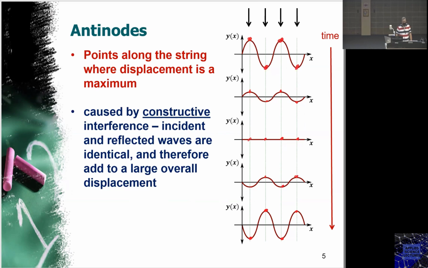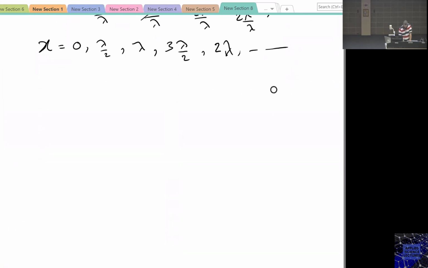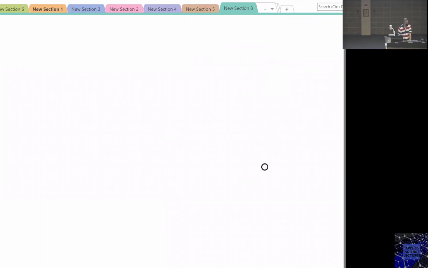So how can we calculate or find those points mathematically? Back to here, it is important to understand what kind of function we are dealing with. We're dealing with the sine function. This time we will be solving for the sine function, but not to be 0, to be +1 and -1.